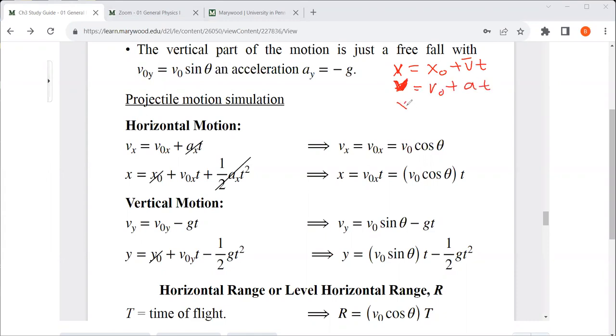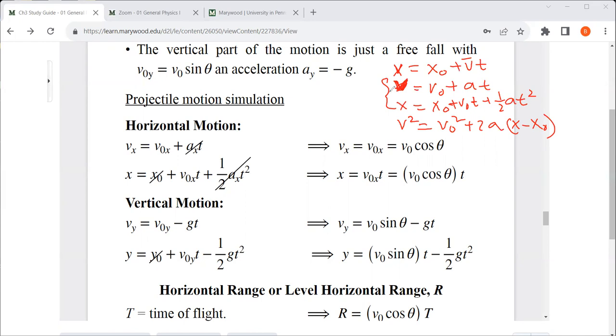The third one is x equal to x0 plus v0 t plus half a t squared, and the fourth one is v squared equal to v0 squared plus 2a times (x minus x0). For the projectile we basically need two of these equations, and we have to modify them twice, one for the horizontal direction and another for the vertical direction.